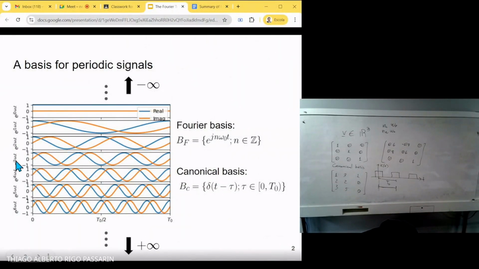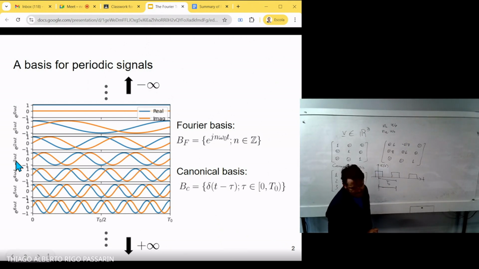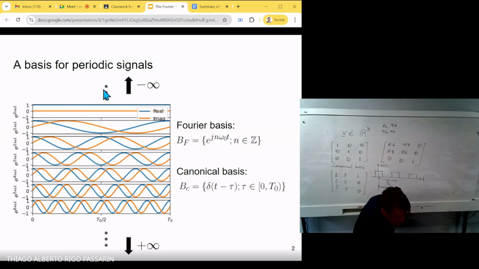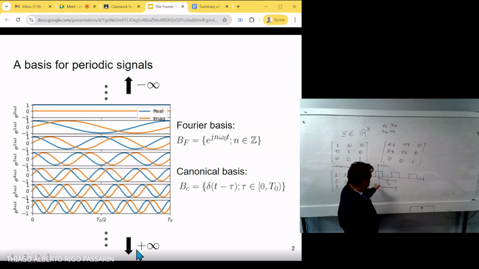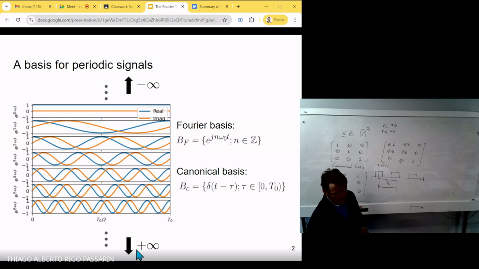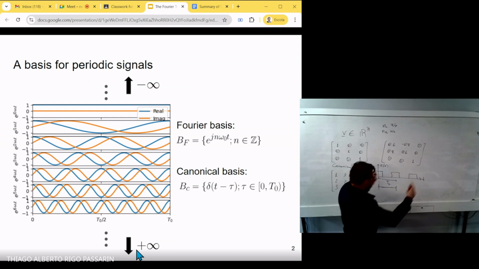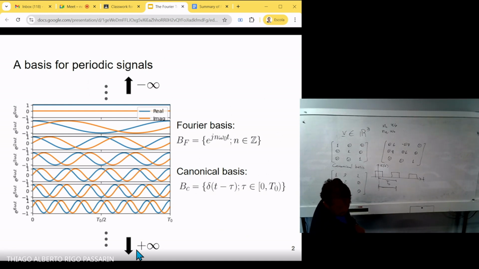E to the j 3 omega 0 t. If I use the infinite group, all of them from minus infinity to infinity, then yes, I can represent any signal within a period T0, and consequently within the other instances of T0.